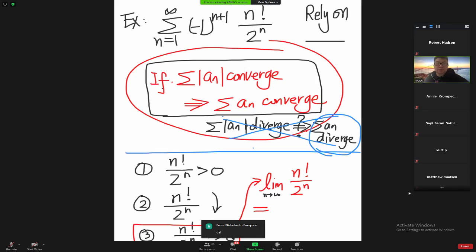I don't know how to do that directly, but I know the definition. So let me just use the definition. What is the definition of n factorial? It is 1, 2, 3, 4, up to n.